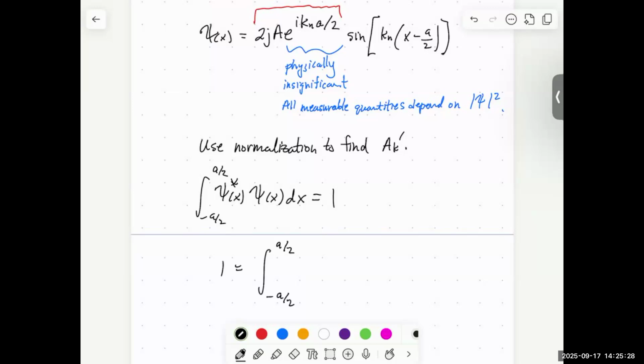So 1 is equal to the integral from minus a/2 to a/2 of A_k prime, and I'll put a star there, and then we have sine k_n (x minus a/2).